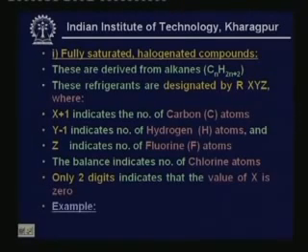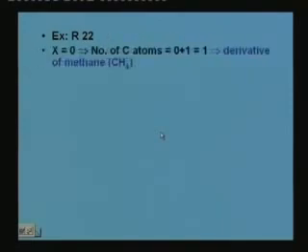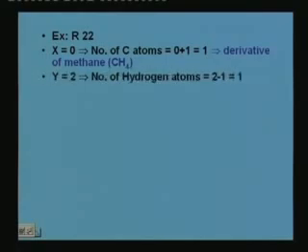Let me give an example. Let us say that the number is R22. There are only 2 numbers, that means X is equal to 0. X is 0 means the number of carbon atoms is 0 plus 1, that is equal to 1. One carbon atom means this refrigerant is a derivative of methane, CH4. Next, Y is equal to 2, that means the number of hydrogen atoms is 2 minus 1, that is 1.